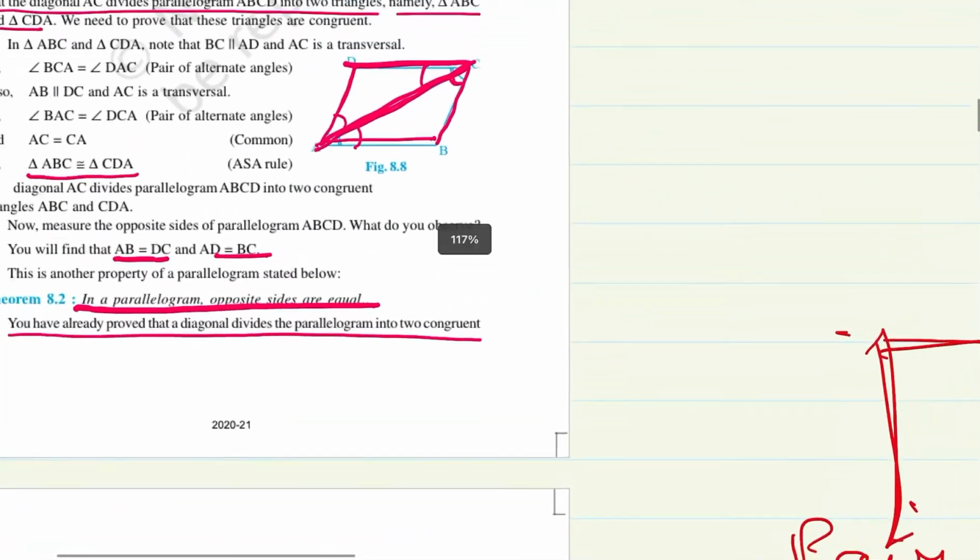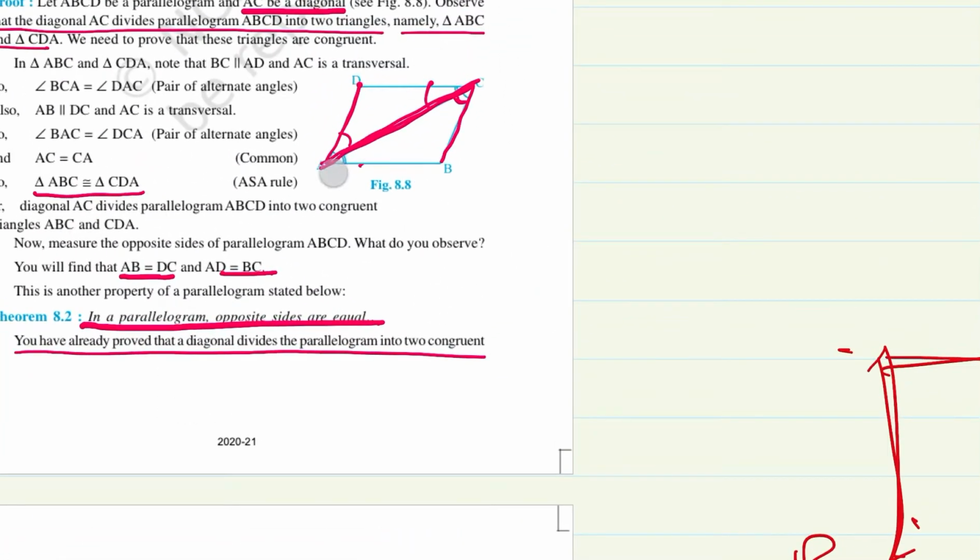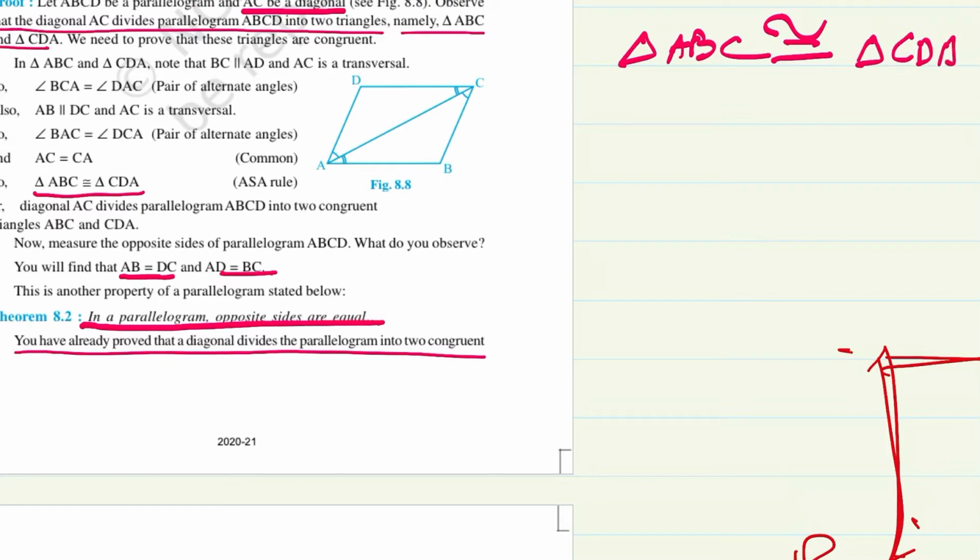As you can observe here, we already proved these two triangles congruent. Now if triangle ABC is congruent to triangle CDA, then all the rest of the parts of the triangles are also congruent. And we know AD and BC are the sides of the congruent triangles, so they would be equal.